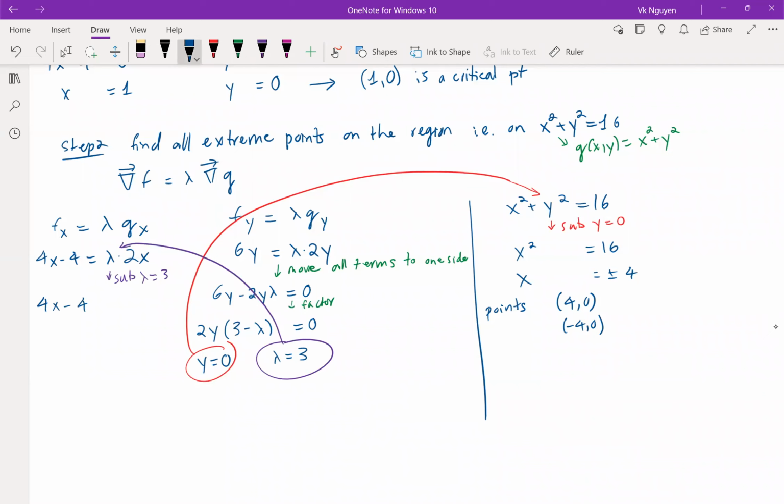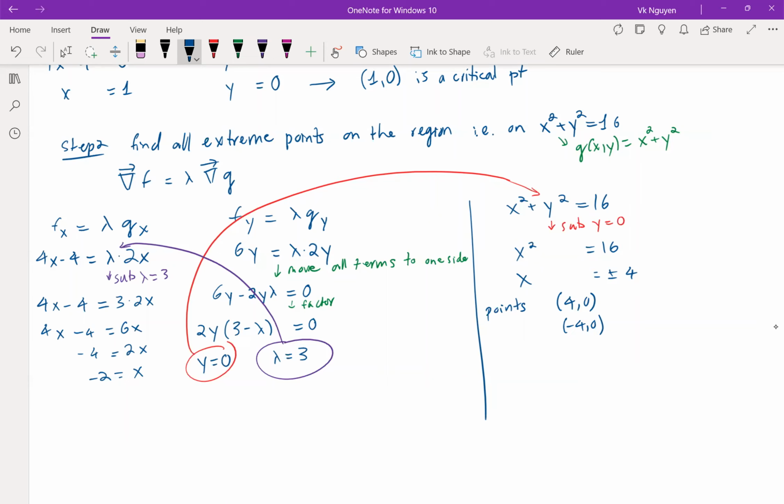For 4x minus 4 equals 3 times 2x. So 4x minus 4 is 6x, so negative 4 is 2x. So x equals negative 2. Reuse the constraint to get y.